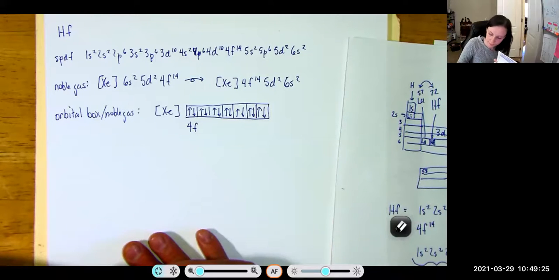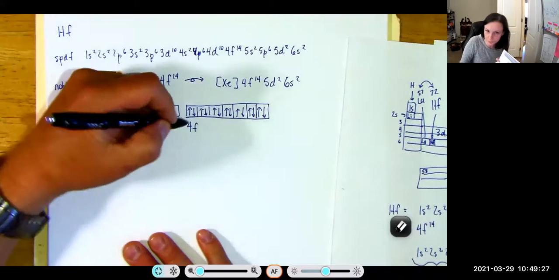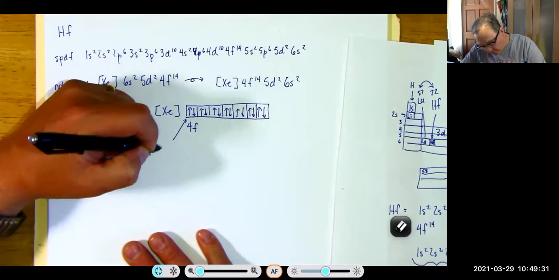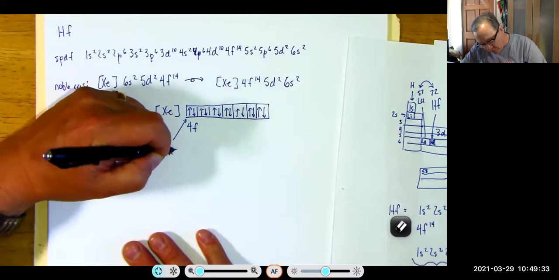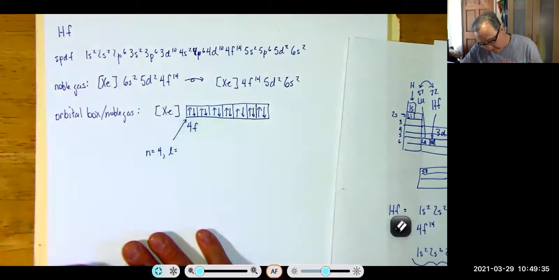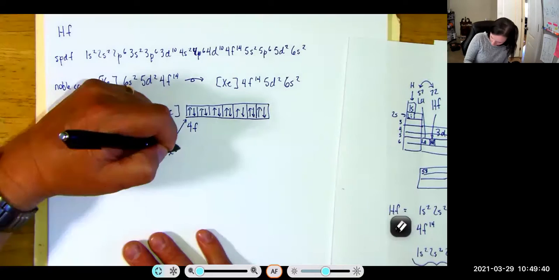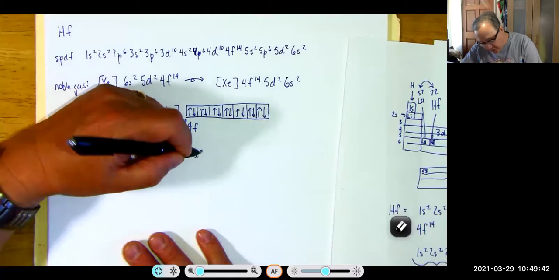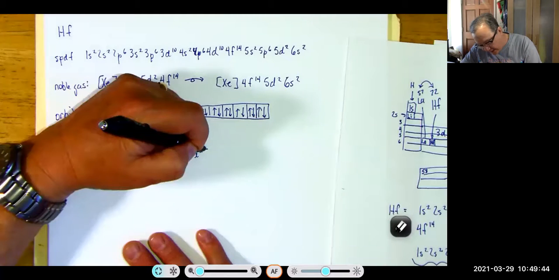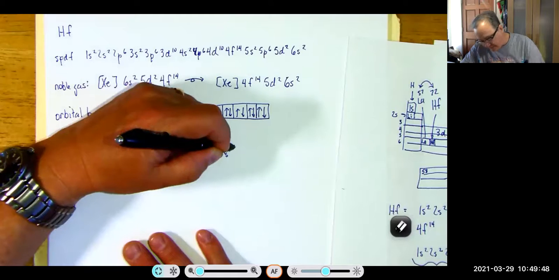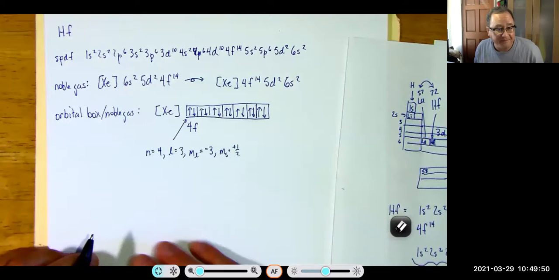So if we just look at one of these, it's going to be n equals 4, l equals, what is f again? 3. m sub l is equal to, let's go with -3, and m sub s is going to be +1/2 because it's arrow up.